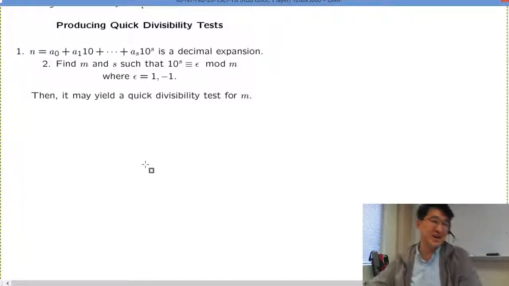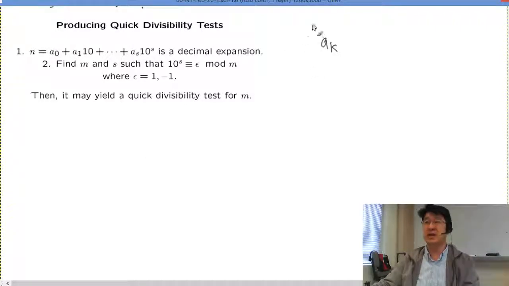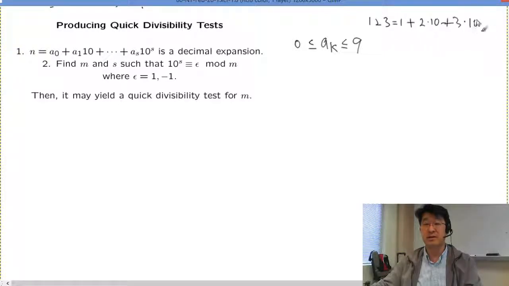All right, let's start here. N is written like this as a decimal expansion. When I say decimal expansion, what kind of condition comes to your mind for the coefficients a_k? These are integers ranging from where to where? 0 to 9, right? This is a power of 10 inserted there. So 123, we write it as 1 plus 2 times 10 plus 3 times 10 squared, right?